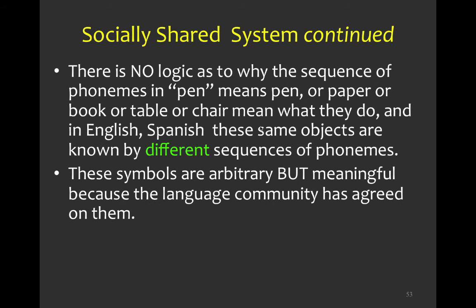Again, there's no logic as to why the sequence of phonemes in pen means pen, or paper, or book, or table, or chair mean what they do. And in English or Spanish, these same objects are known by different sequences of phonemes. But remember, these phonemes are arbitrary, but meaningful because the language community has agreed upon them.